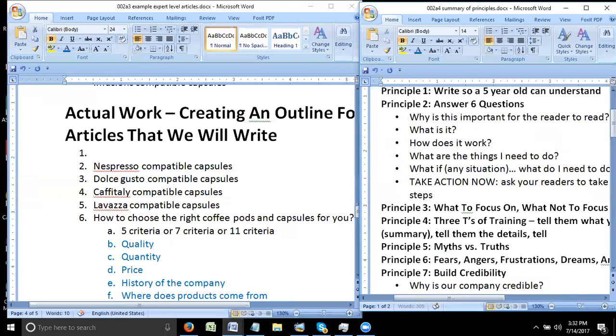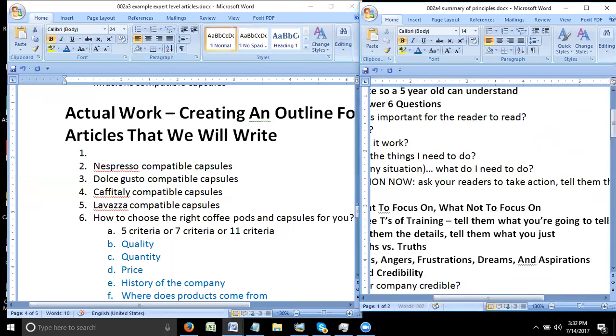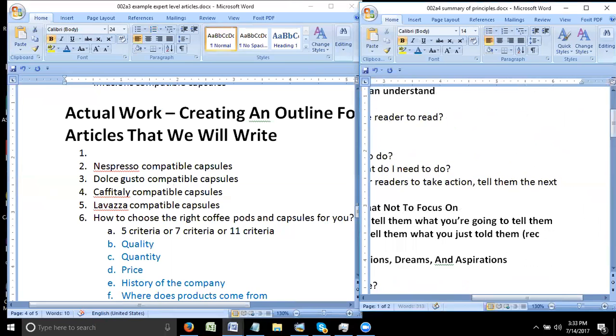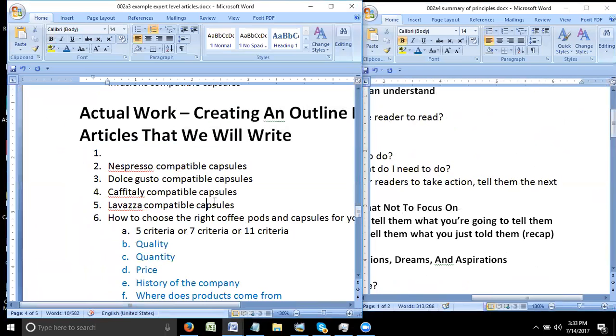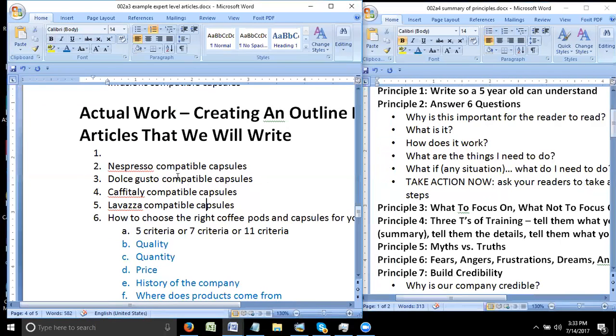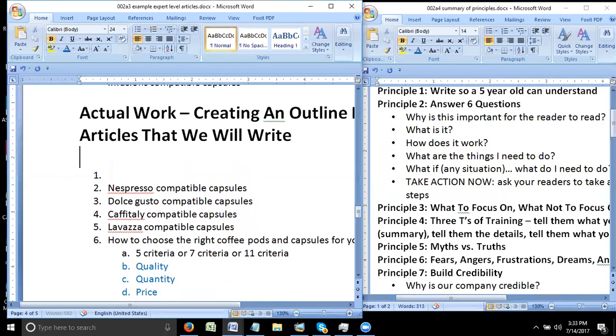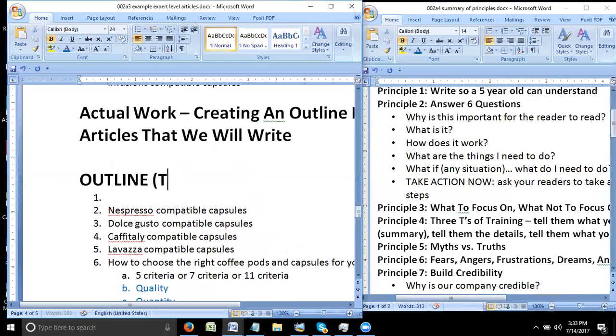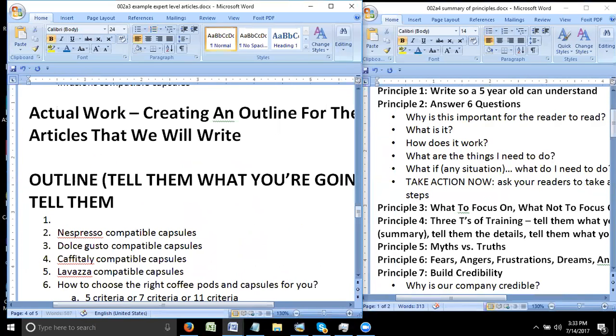And then tell them what you just told them, which is the recap. So we are actually at this point working on these principles, where you tell them what you're going to tell them. So this is the outline.